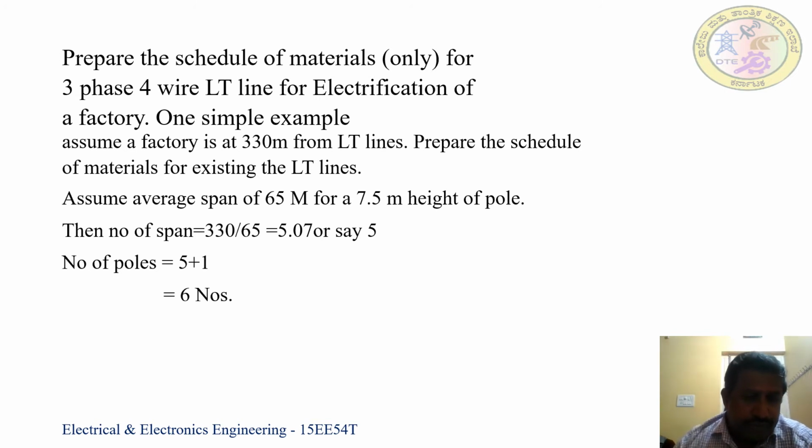So then number of span, that is the distance between two poles, equal 330 divided by 65, that gives 5.07. So say 5, number of span is 5, then number of poles equal number of span plus 1, so that is 5 plus 1, that gives 6 numbers.